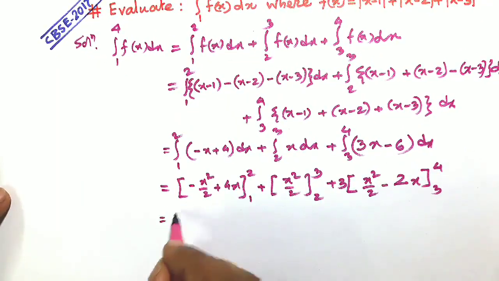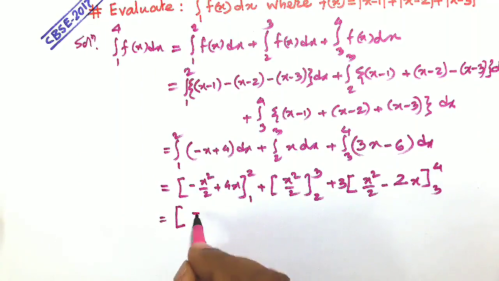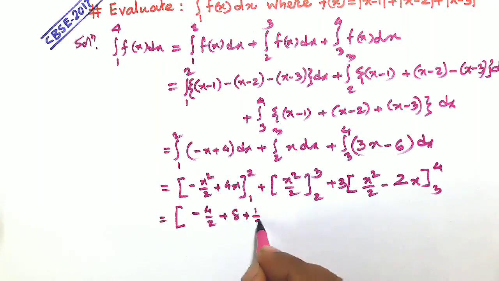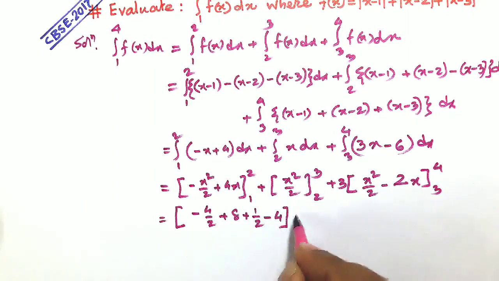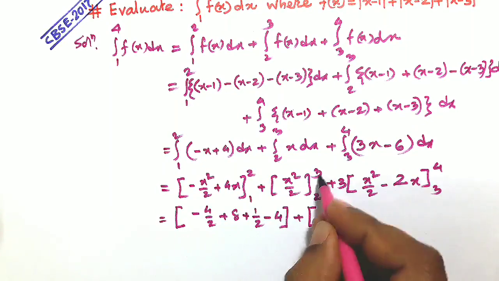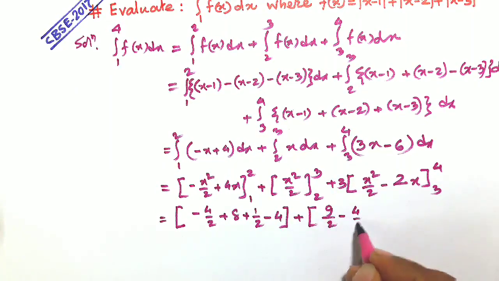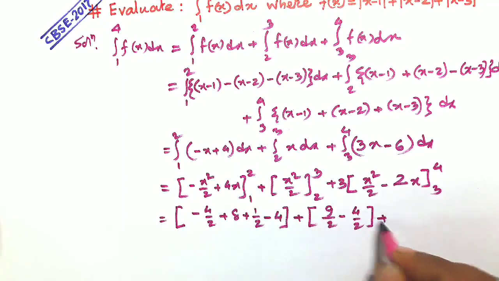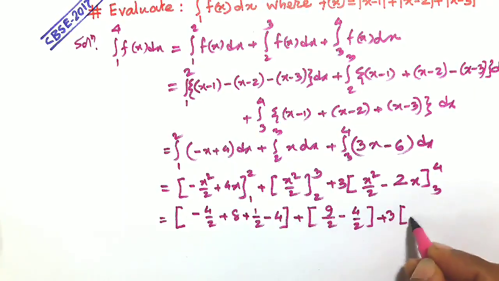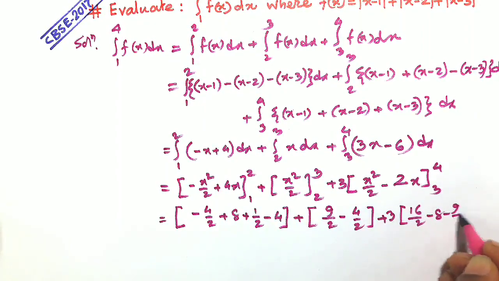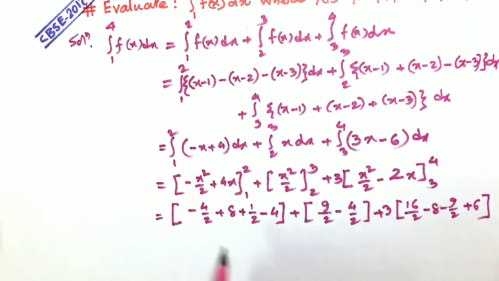So we are getting minus 4 upon 2 plus 8 plus half minus 4 plus 3 square means 9 upon 2 minus 4 upon 2, plus 3 times 16 upon 2 minus 8 minus 9 upon 2 plus 6, isn't it?